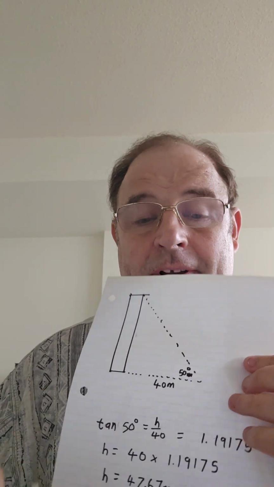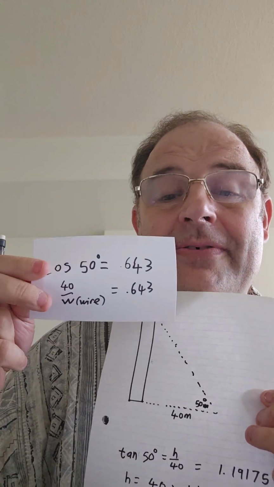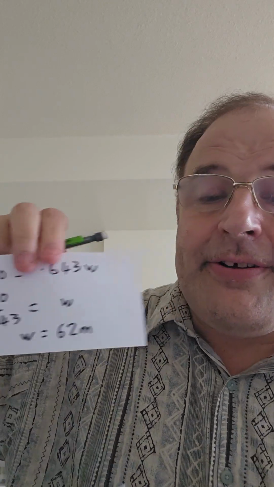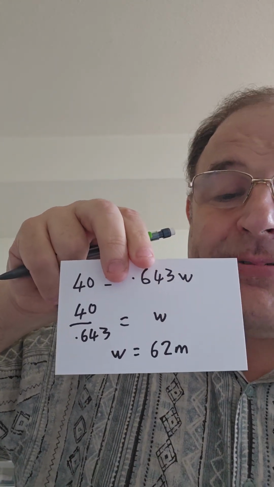Adjacent over hypotenuse will be the same no matter how big or small the triangle is. So adjacent is 40, we call this W. 40 over W is 0.643. And I use regular algebra. I multiply each side by W, divide each side by that. I do the arithmetic, and it simplifies.